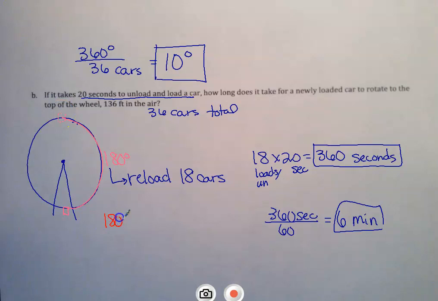So 180 degrees divided by 10 degrees would have given you 18, which is what you already had, the 18 cars. It was just a different way to get 18 cars. That's all I was going at. The way you calculated your 18 cars was the only change, a different way you could look at it. Otherwise, you are free to get started on your homework.